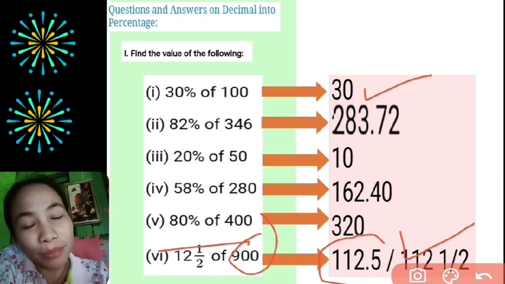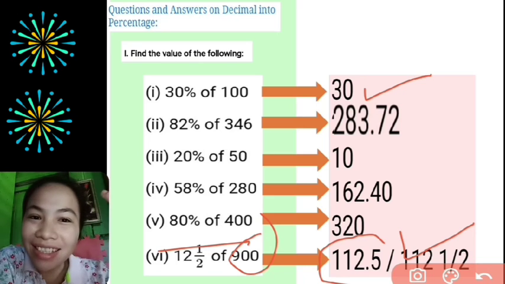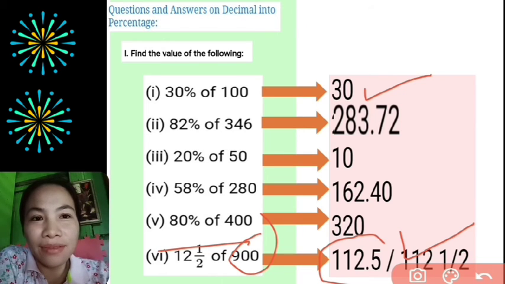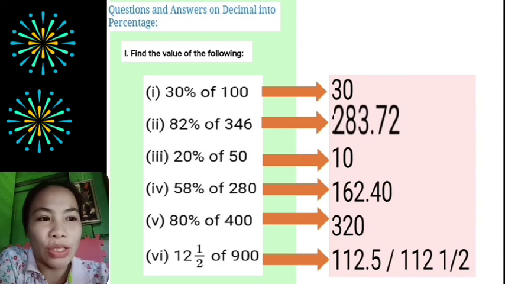It's a big help, especially today. Some of the malls already have a sale, so we need to be wise and get the proper and correct computation of percent. Next, we move to the next questions.